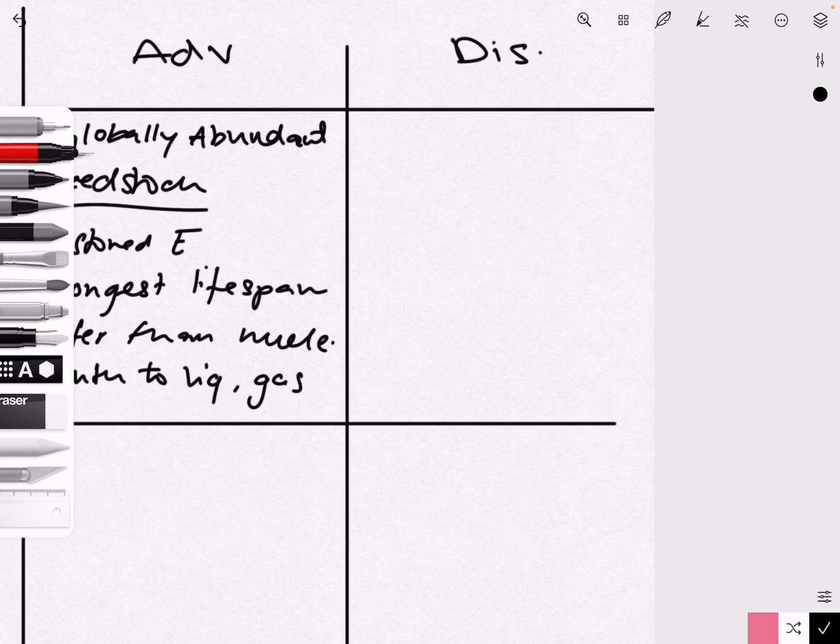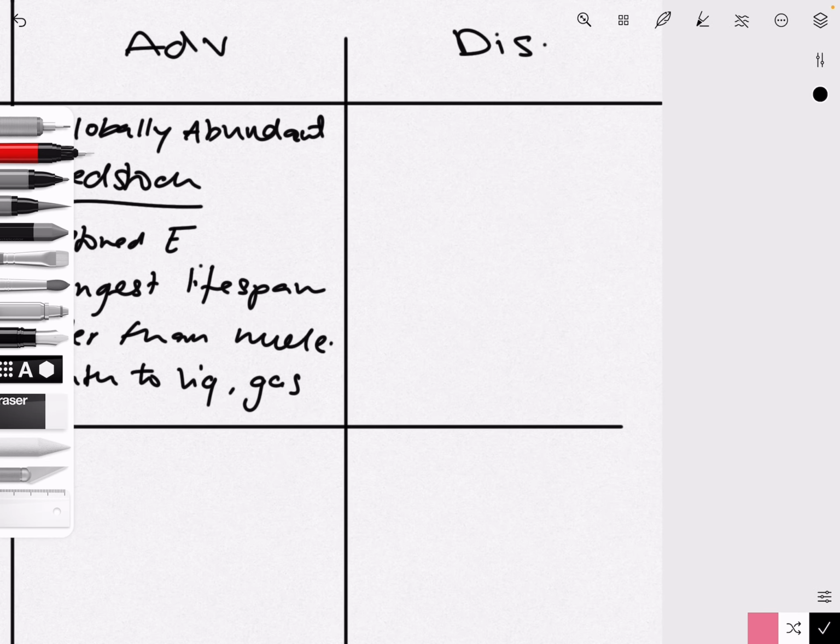But let's look at the disadvantages of using coal as a fuel. Due to its nitrogen and sulfur impurities, its combustion can lead to acid rain, as nitrogen and sulfur react with the oxygen in the air.